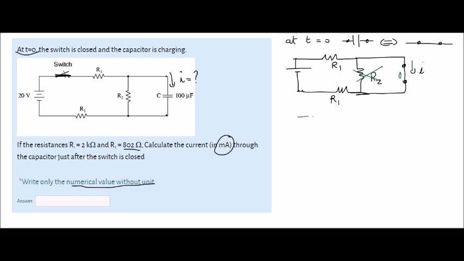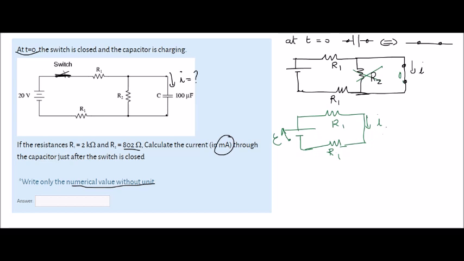So my circuit is simply R1, another R1 here, and E. Some of you were complaining because you got a value of current close to the real value. Yeah, because you included R2. You don't have to include R2. If you don't include R2, you get the right current.